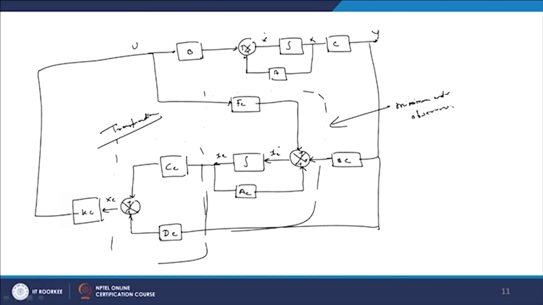That means this is the original plant, this is the minimum order observer, and finally we have to transfer to the controller the complete state, which involves the measured state as well as the unmeasured. Therefore this transformation is needed, and finally the complete state is transferred through XC, which involves our measured and non measured states, and this is the actual control KC, and it will move here.